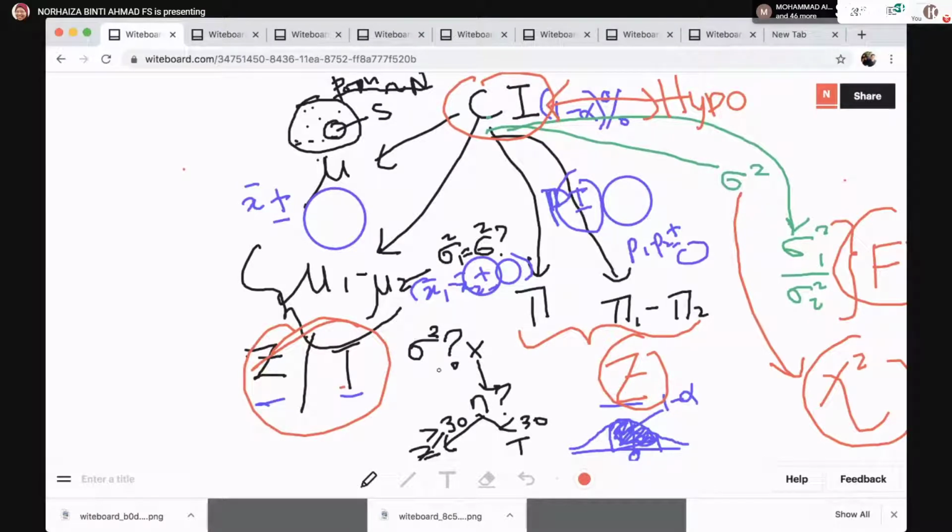If you know population variance, you just use Z. But if you do not know, only then you're going to check your sample size, more than 30 or less than 30, and you can choose whether you're going to use Z or T. But in this case, you already know your population variance, therefore you're going to use a Z distribution.